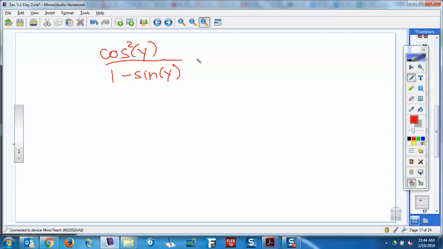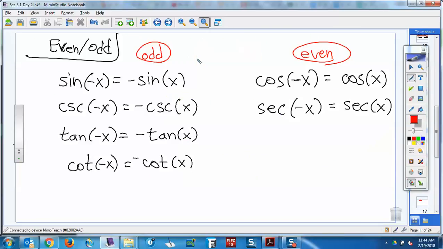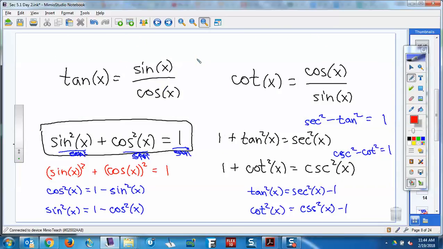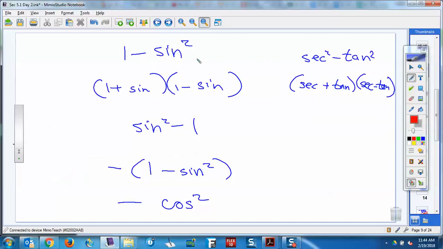Okay, so when I see the 1 minus sine y, that makes me think back to what I was talking about here, where 1 minus sine squared is what I'd like to have. You can't just square that. That doesn't work. But 1 minus sine squared is 1 minus sine times 1 plus sine. Right? Think of x plus 2 times x minus 2 gives you x squared minus 4. That's what we're looking for. 1 minus sine squared is 1 plus sine times 1 minus sine. That's the key.